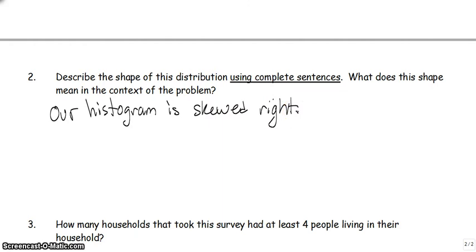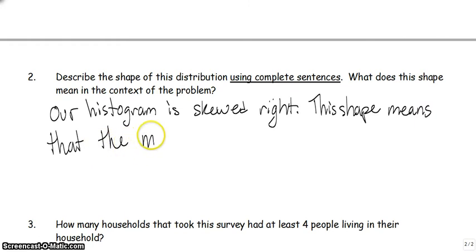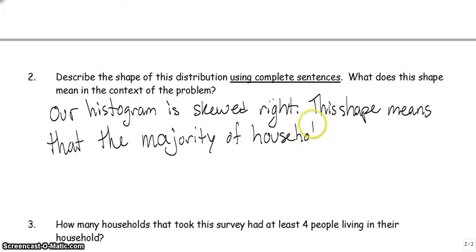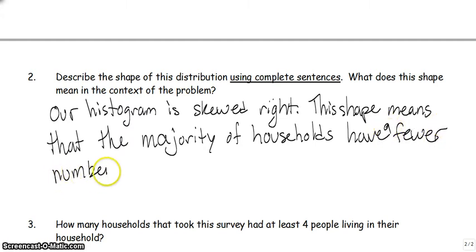What does this shape mean in the context of the problem? This shape means that the majority of households have a fewer number of people.